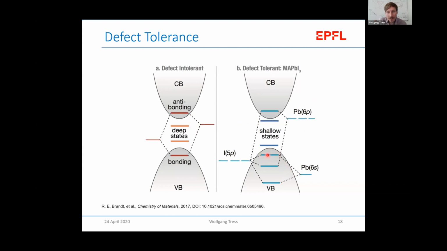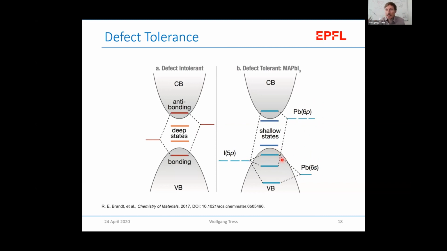which is the top of the valence band, results from an anti-bonding overlap of this one and this one. And in this case, when you get some defects, like some vacancies, it is more likely that you form shallow states.